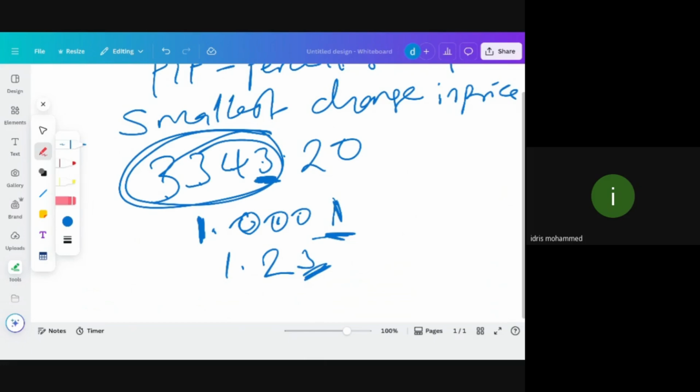So this 3 will be your pip. Any currency you pair with Japanese yen, the pip always starts from the second decimal number.